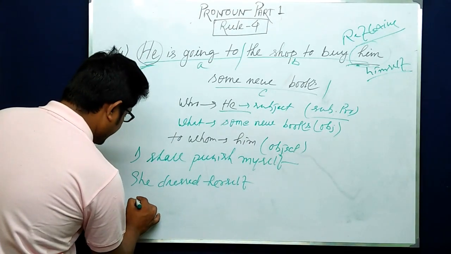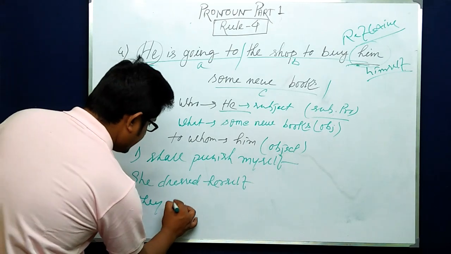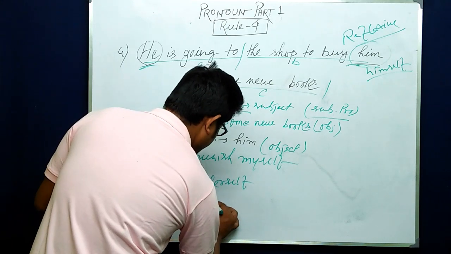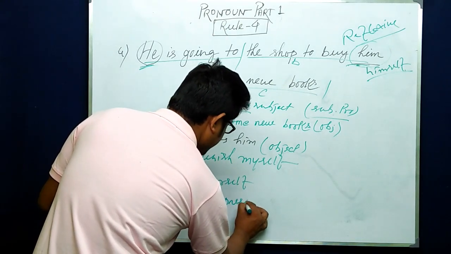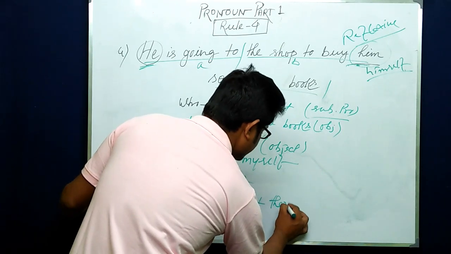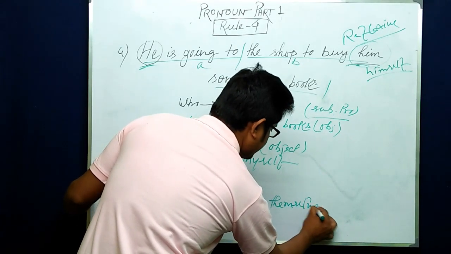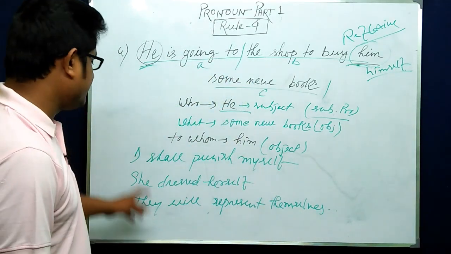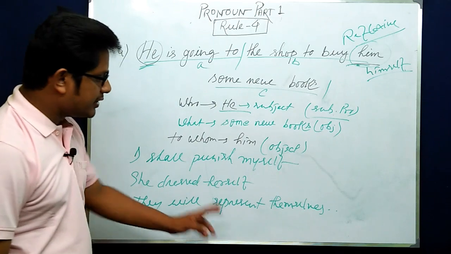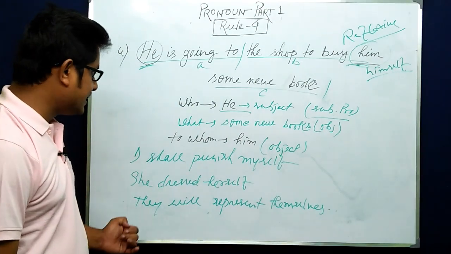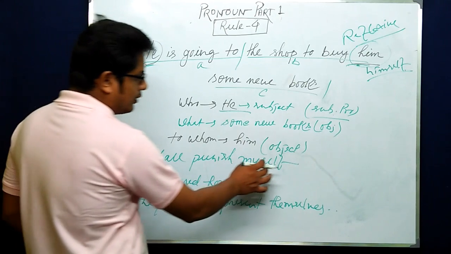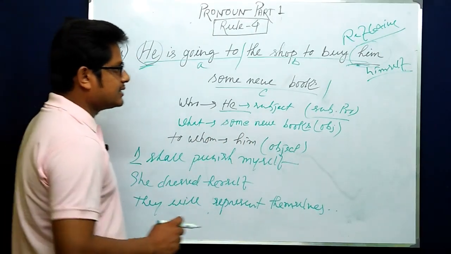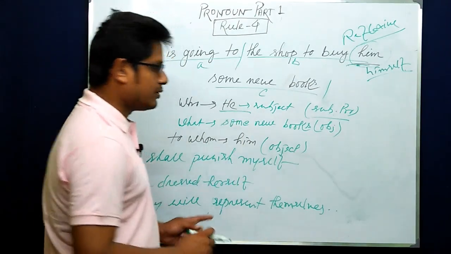Or suppose, they will represent themselves. So: I shall punish myself, she dressed herself, they will represent themselves. In these sentences, subject and object are the same person, and that's the reason you have to use reflexive pronoun as object.